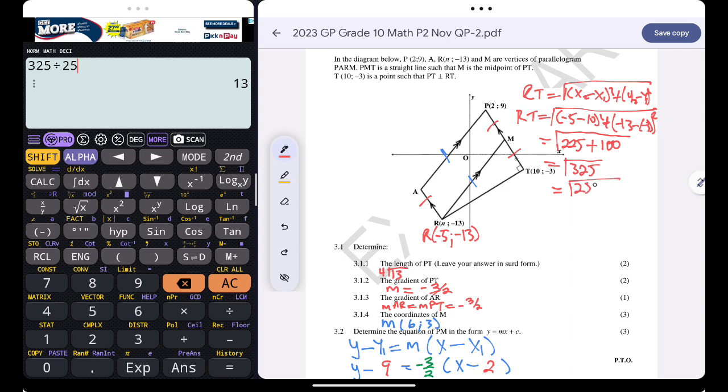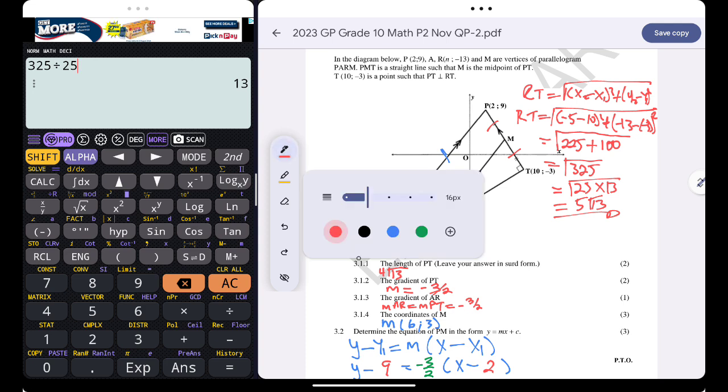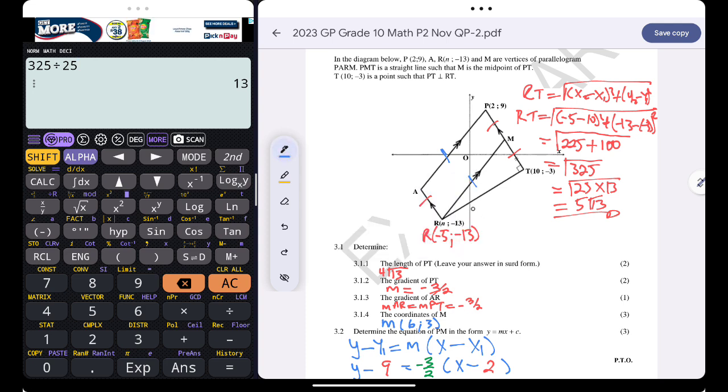I can write it as 25 multiplied by 13, which is just 5 roots 13. So now I know that the length of RT is 5 roots of 13.